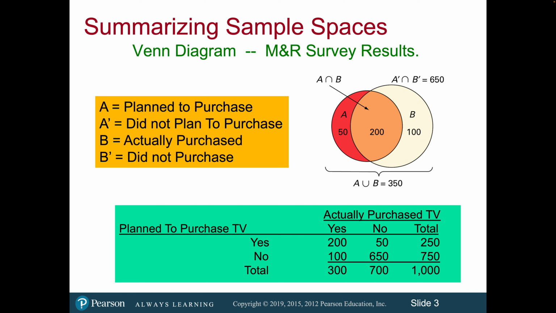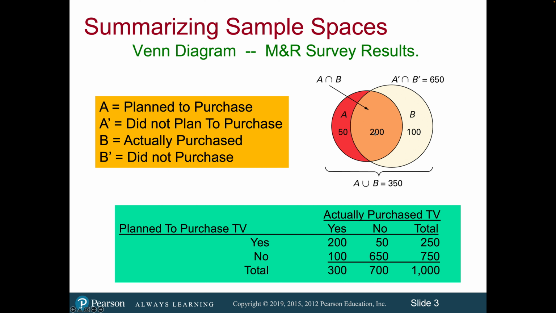So we've defined A to be the event planned to purchase and B to be actually purchased. So the complement of A is they did not plan to purchase, and the complement of B is they did not end up purchasing. So if we look at this, up here where I'm circling, this would be the A intersect B, which would be 200.